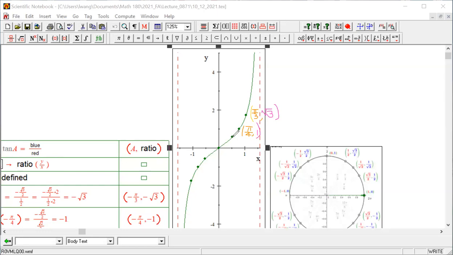And this point is pi over 6, comma, √3 over 3. Oh, sorry, wrong color. We're going to use the purple color: √3 over 3.